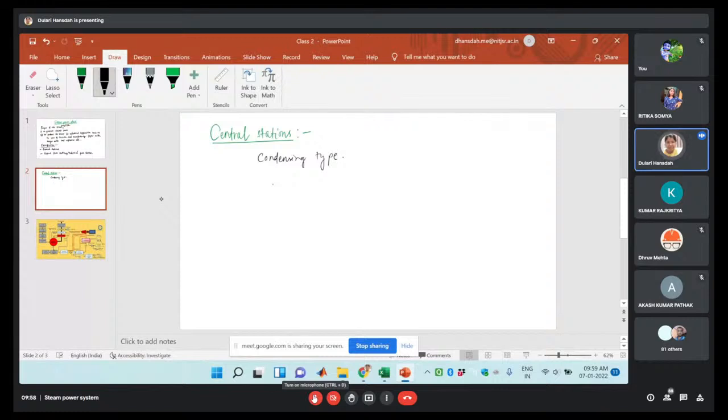Condensing type means your exhaust steam will be discharged to the condenser instead of the atmosphere. So here the condenser is used to generate the condensate.